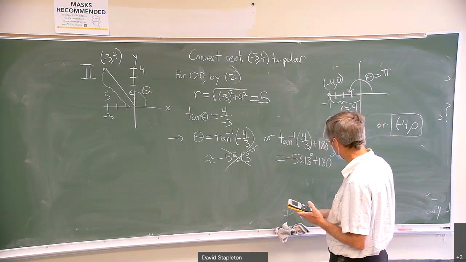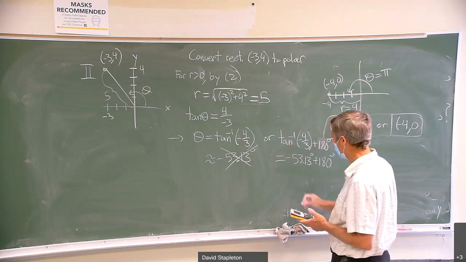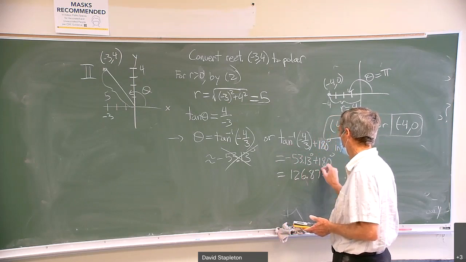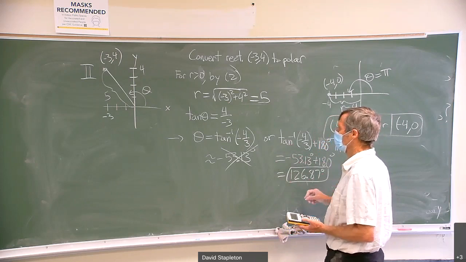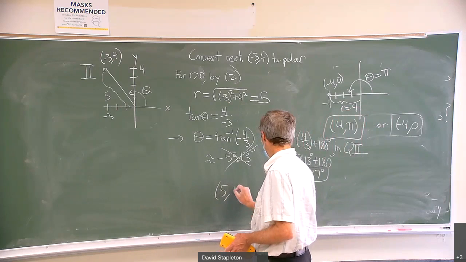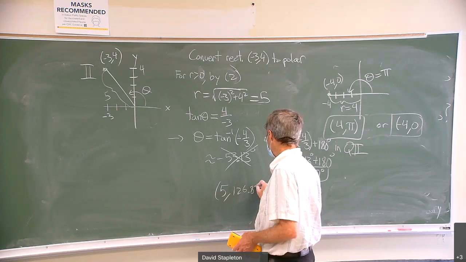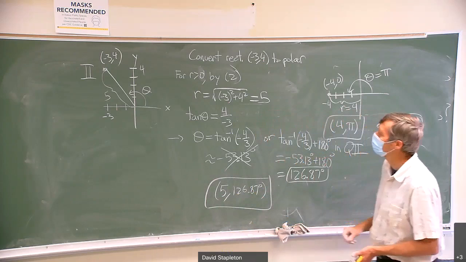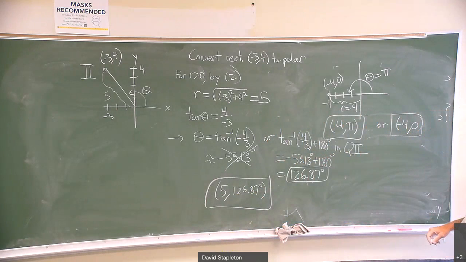I got 126.87. So we can say polar coordinates for this, if I use degrees, are 5, 126.87 degrees. So that's what you do when you have a non-special angle.